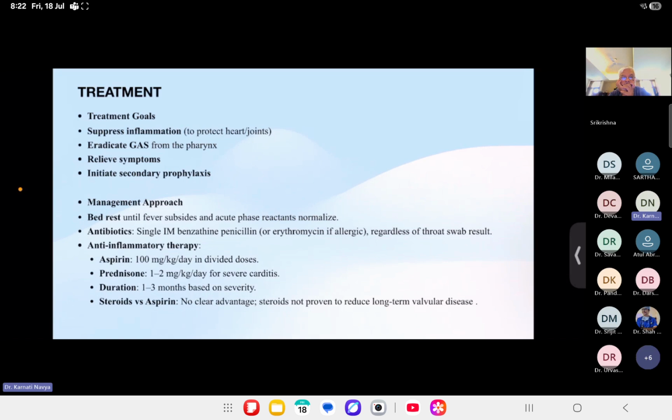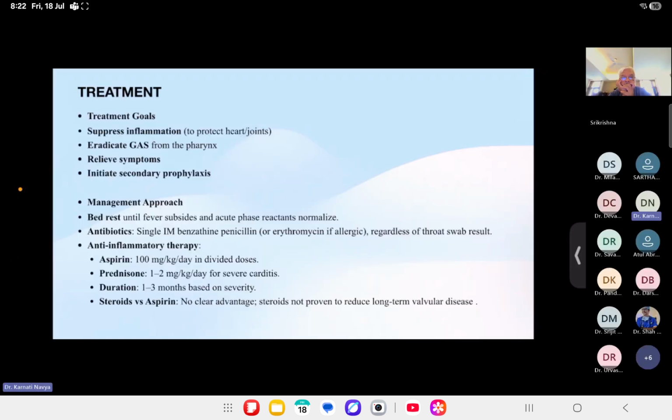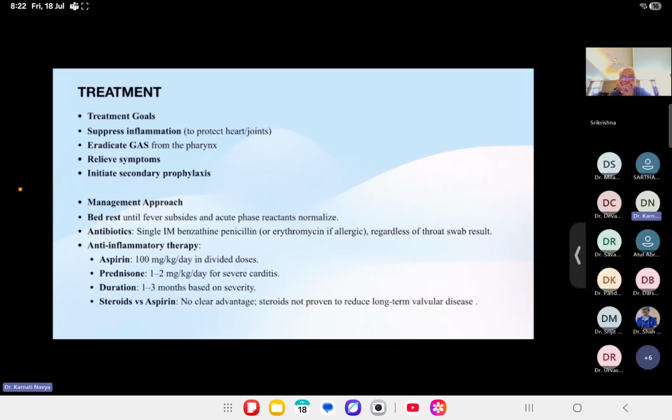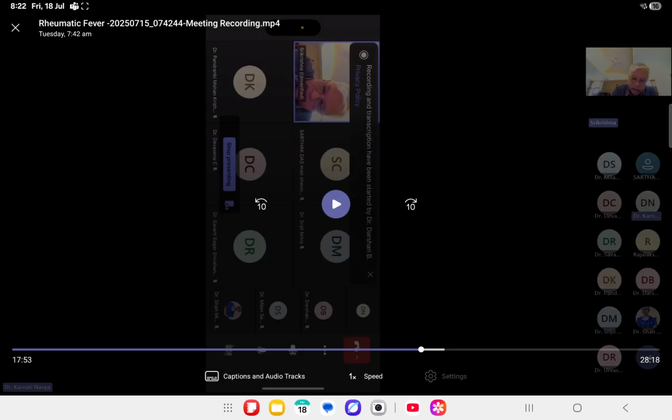So the closure of the valve becomes defective, and you have MR presenting. But in chronic rheumatic fever, the valve is subjected to repeated stress, and that causes fibrosis, especially at the commissures, and then it progresses towards the central part of the lumen.